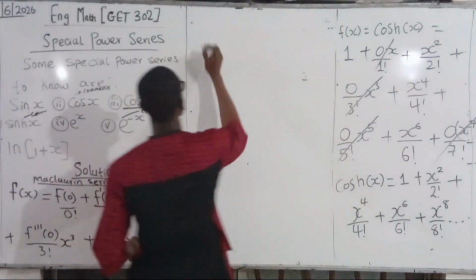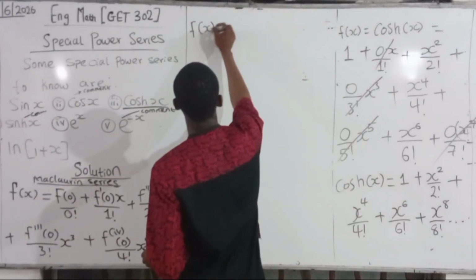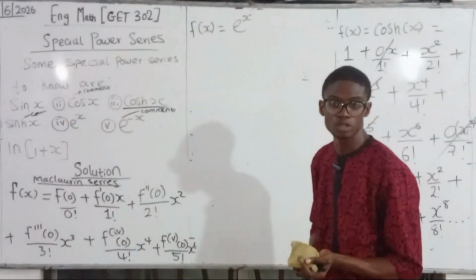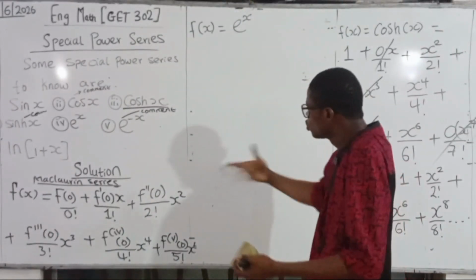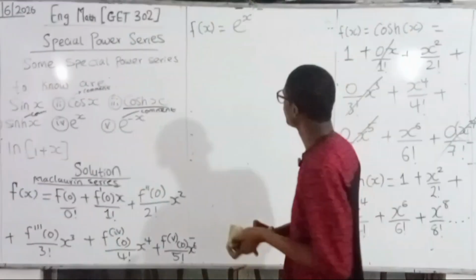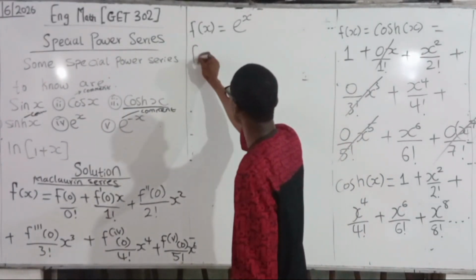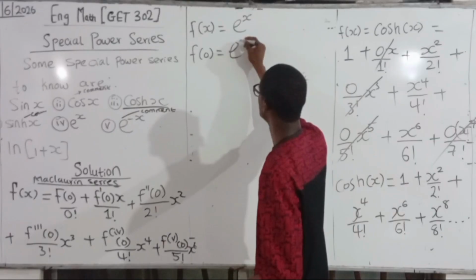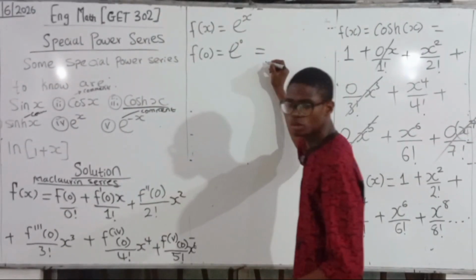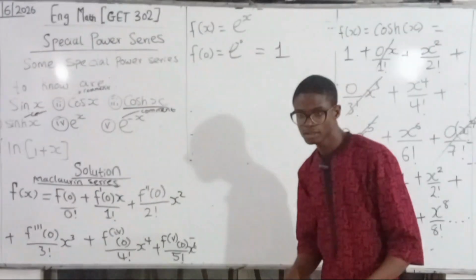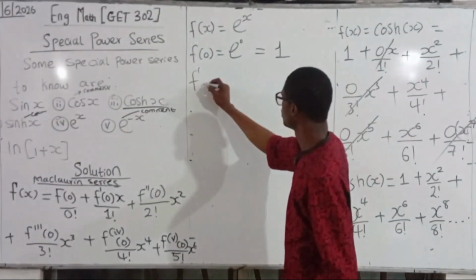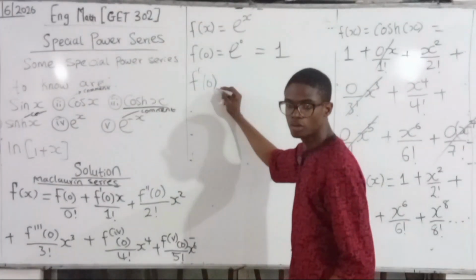So let's see. If our f of x this time around is exponential of x, what do we have? The first value we need is f of 0. What is f of 0? Exponential 0, which will give us 1. Beautiful. If you differentiate and you input 0, what will you have?